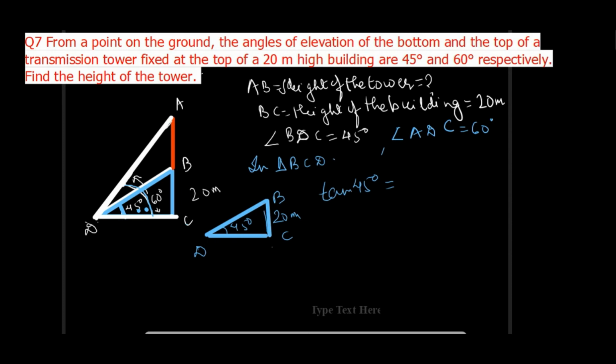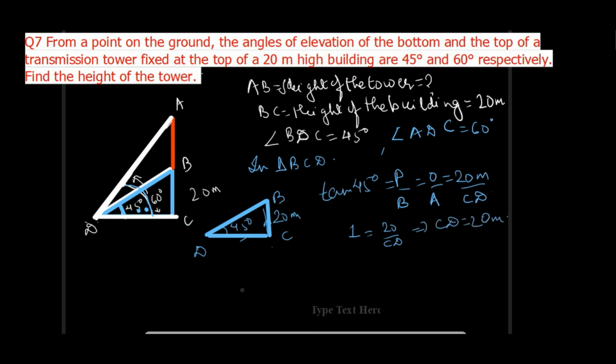Okay, so CD is the side adjacent and this is the side opposite. That means perpendicular and base, opposite upon adjacent. Okay, so this opposite side is 20 meter and adjacent side we don't know, so let it be CD. Tan 45 degree is 1, so 20 upon CD, so this implies CD is equal to 20 meter.